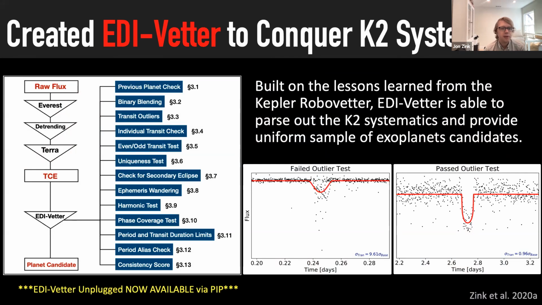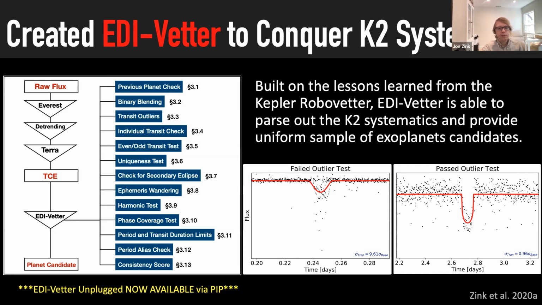I developed a suite of vetting metrics that mimicked the human vetting process and went above and beyond what the Kepler RoboVetter had done. I took a lot of the lessons learned from RoboVetter and then added a bunch of new metrics that were very specific for K2, that could identify these weird, artificial dips that weren't necessarily transits by any means.